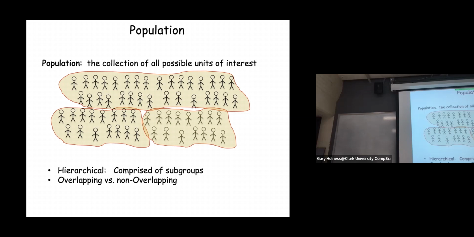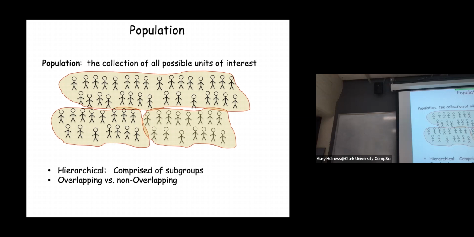Which is the right approach? It depends on what you're enterprising to accomplish. And so this will require you to think a little bit about how different cohorts of people are arranged at Clark University in terms of the student population. Okay, any questions about this? Does that make sense?